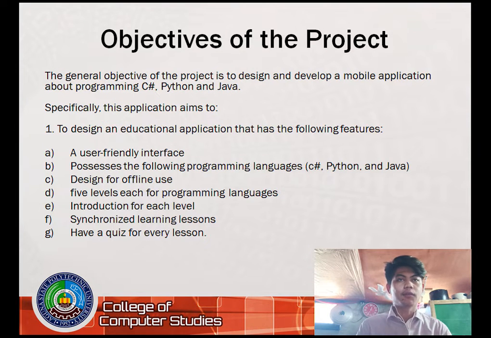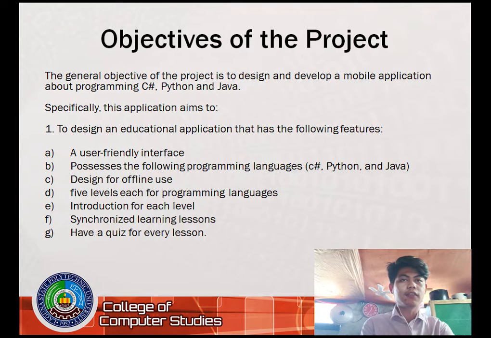The main objective of the project is to develop and design a mobile application about the basics of C Sharp, Python, and Java. The application aims to design an educational application that has the following features. First is a user-friendly interface. Second, it possesses the following programming languages, which are C Sharp, Python, and Java.